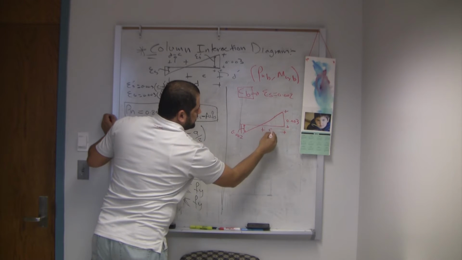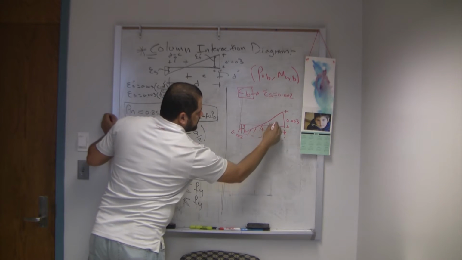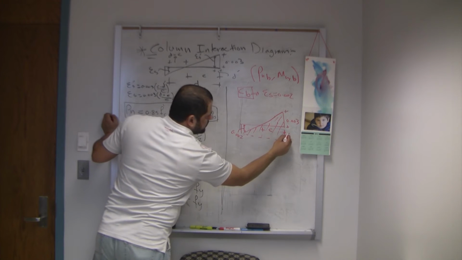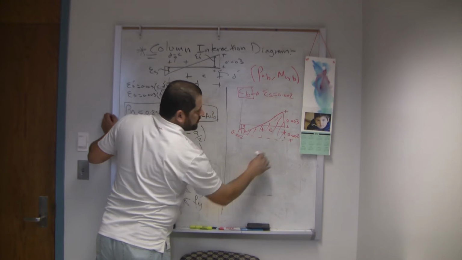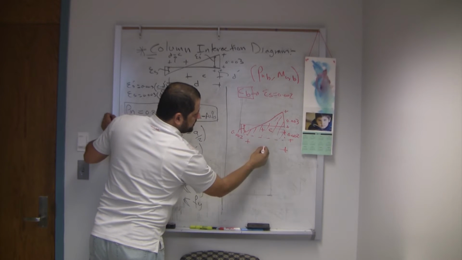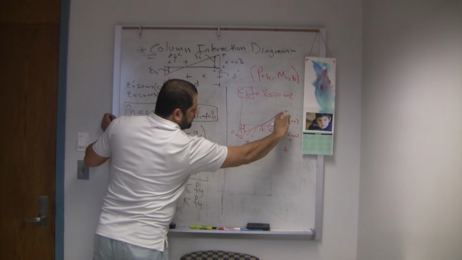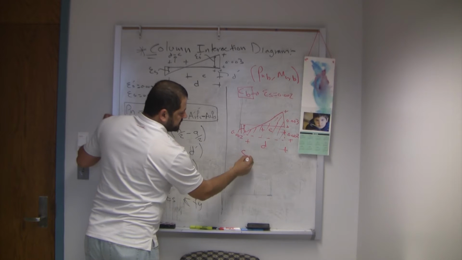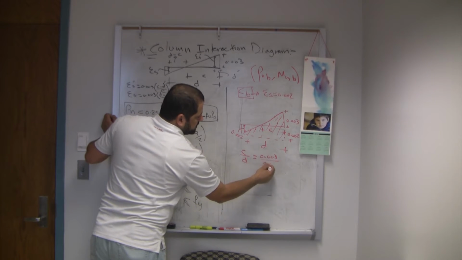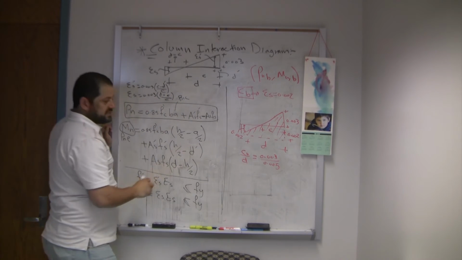So this is C. And if I use similarity between those two triangles, this is 0.002, and this distance from here to here is D. So C over D equals 0.003 over 0.005, or 3 over 5. This is C balanced.